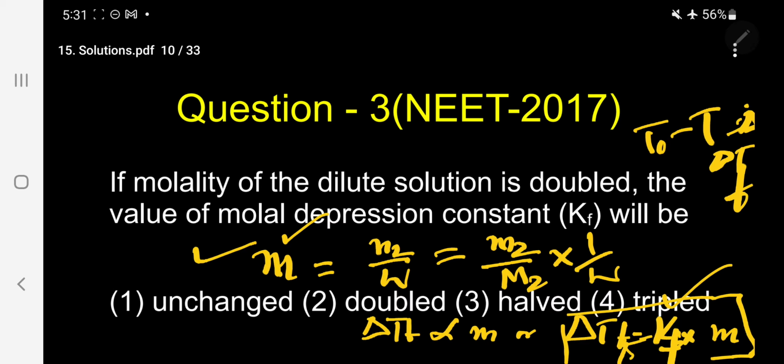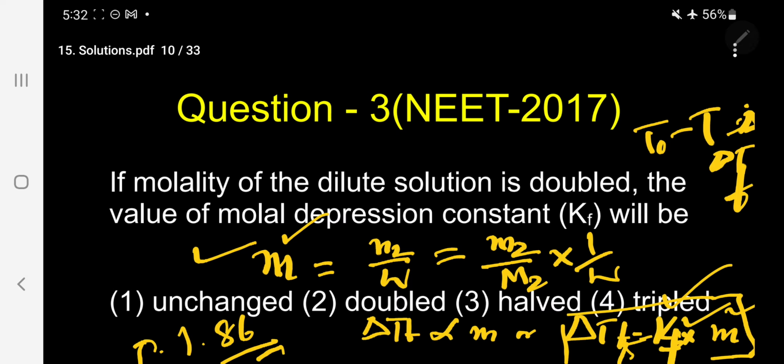It is a constant value. For water, it is 1.86. So it is a constant. So by changing the molality, the molal depression constant will not change.